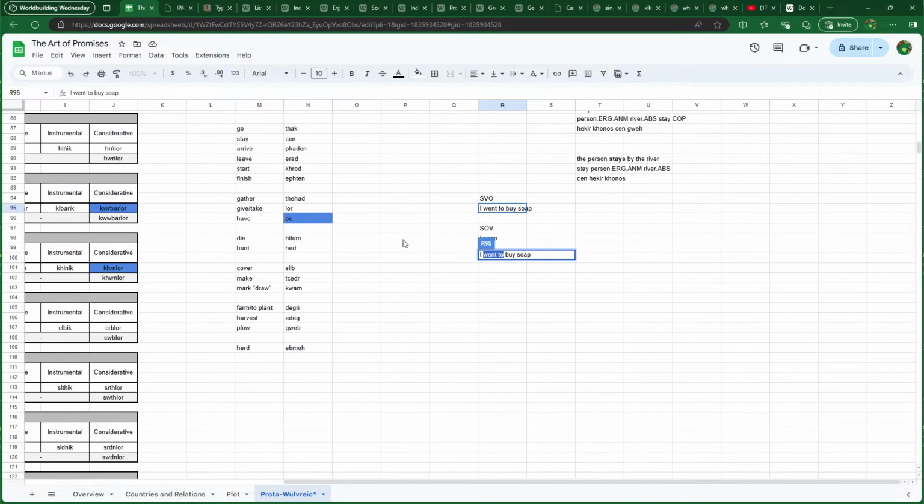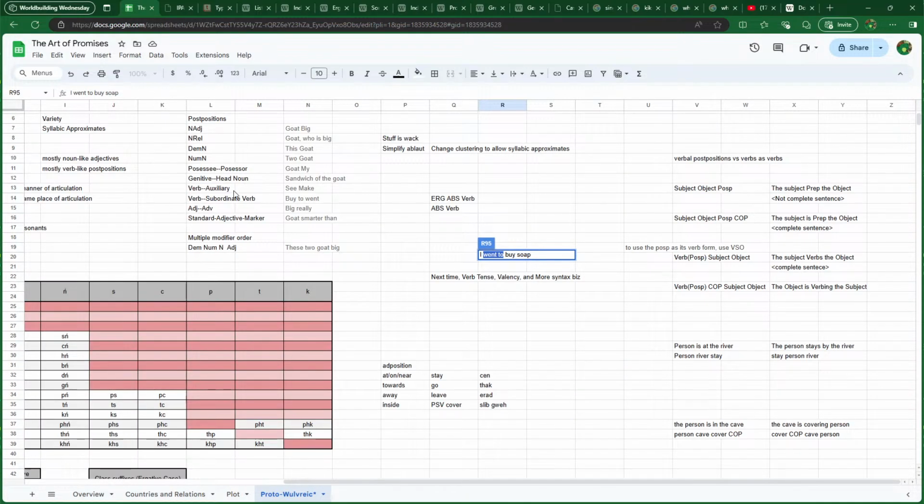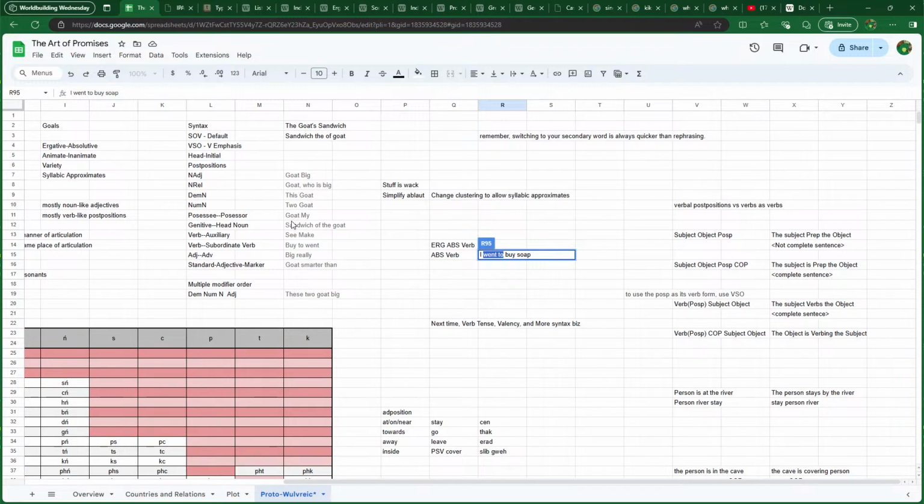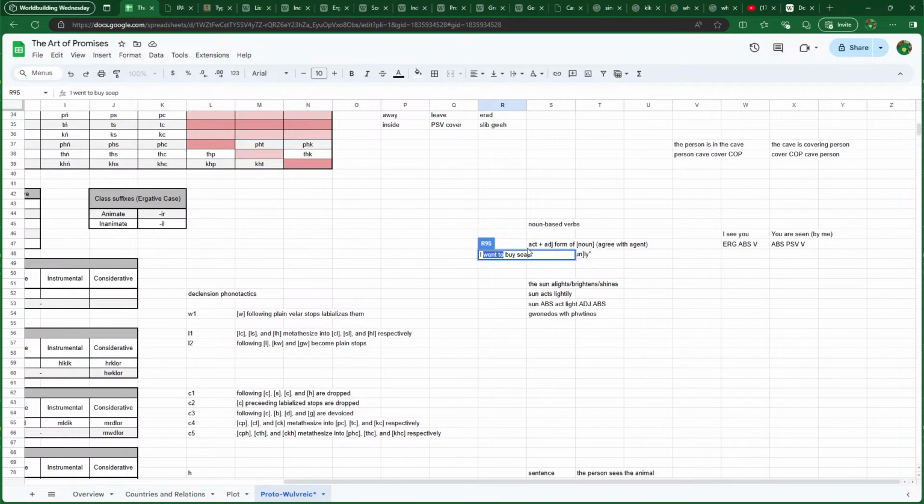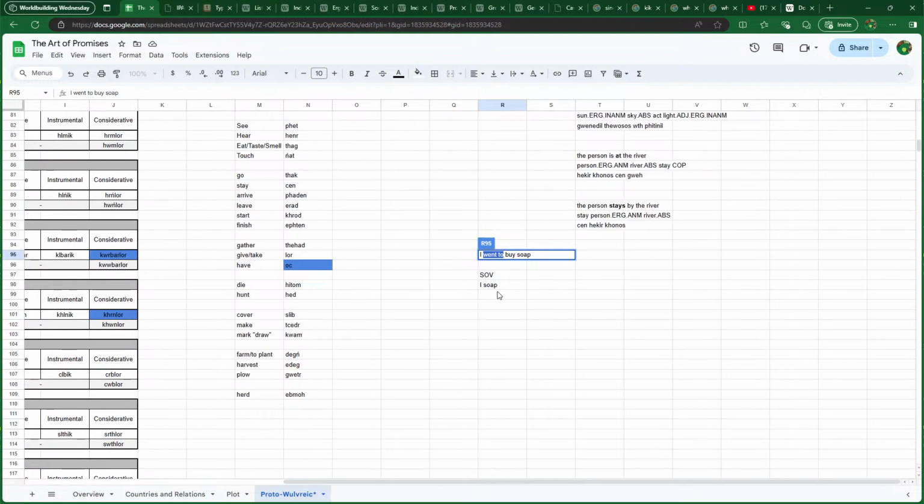So buy is the main verb, went is the auxiliary verb, and to is the postposition. So I soap, buy is the main verb, to is the, oh wait, hold on. It would actually be this. I soap to buy went, because to goes between the object and the verb as a postposition, because this creates a postpositional phrase.